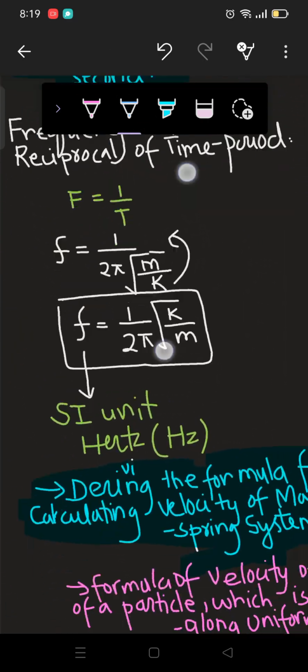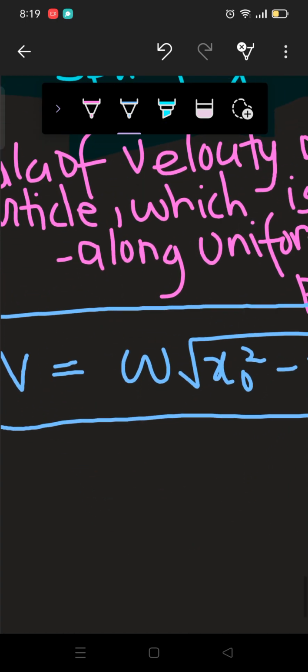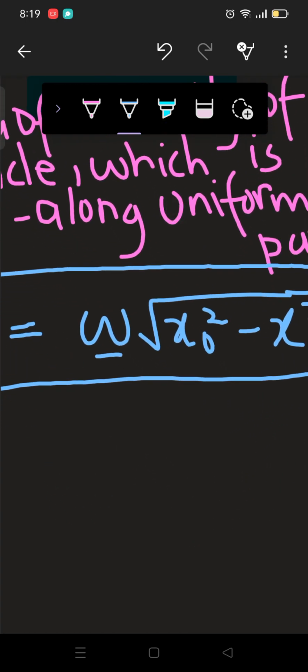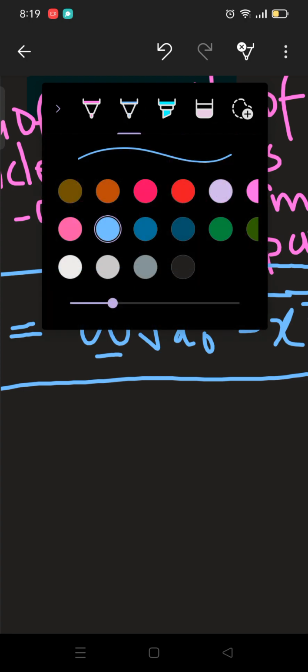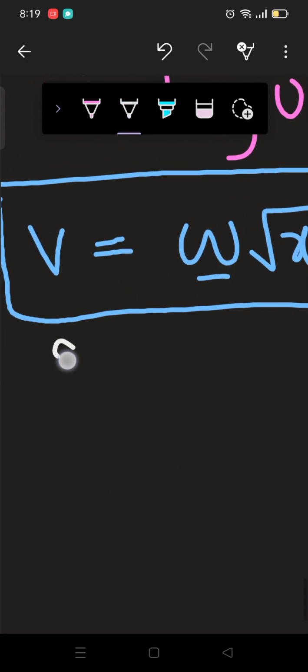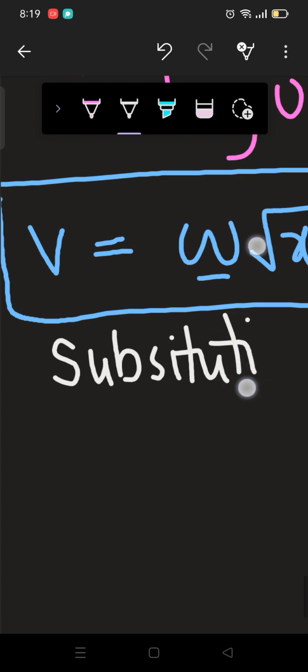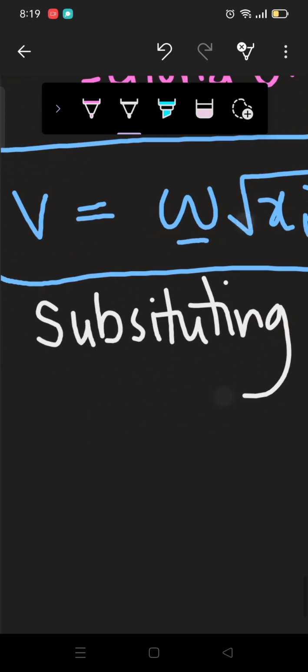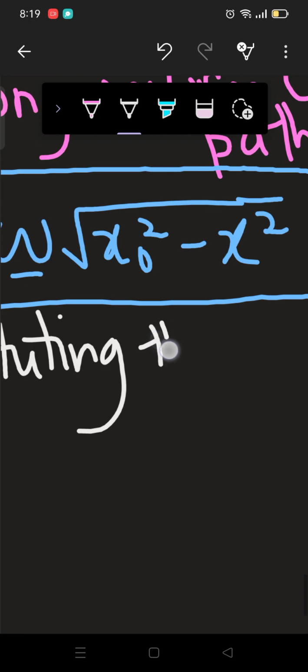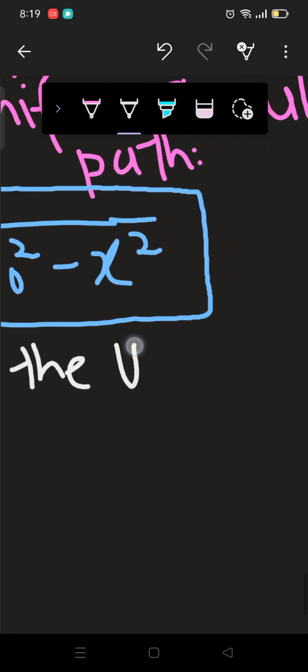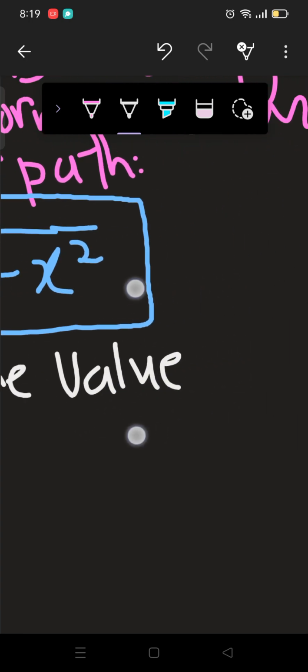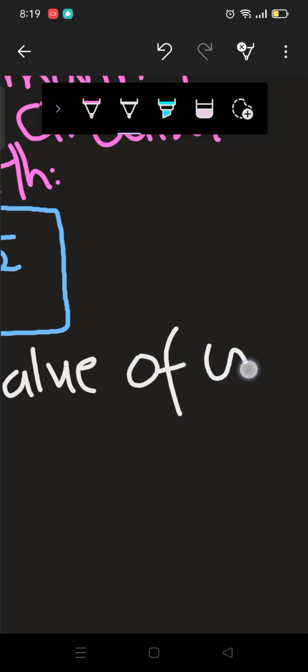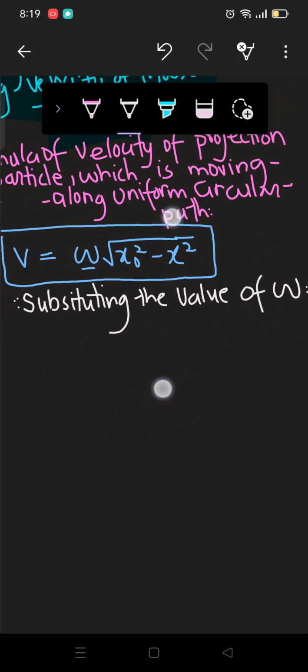So now we are just going to substitute the value of omega here, right? Here we don't have anything to do with omega in this case. So what we are going to do today is substitute the value of omega.